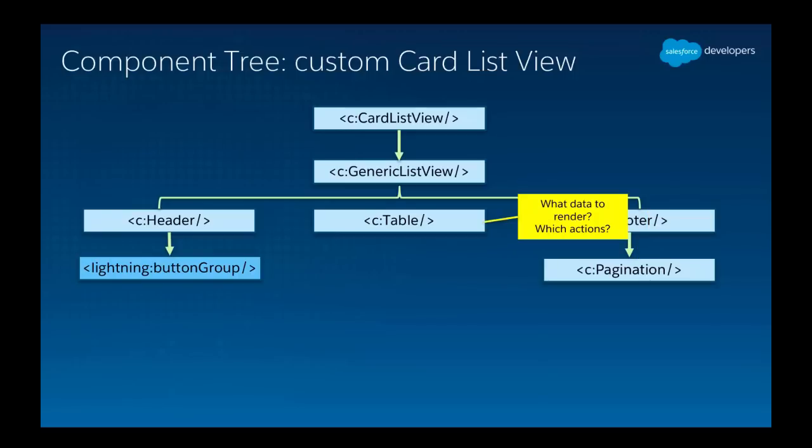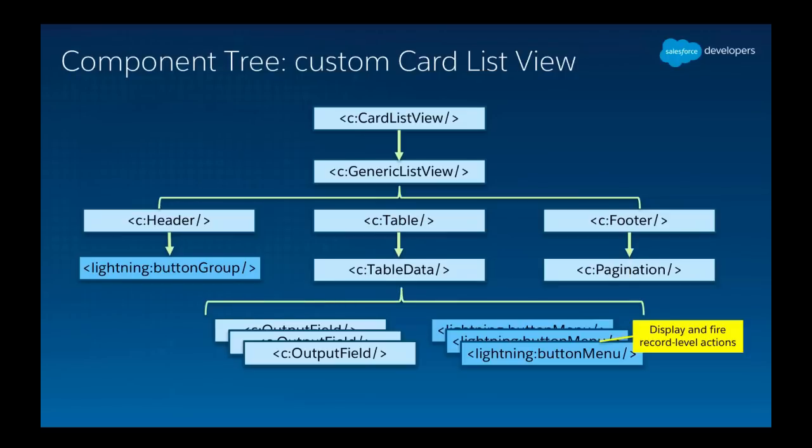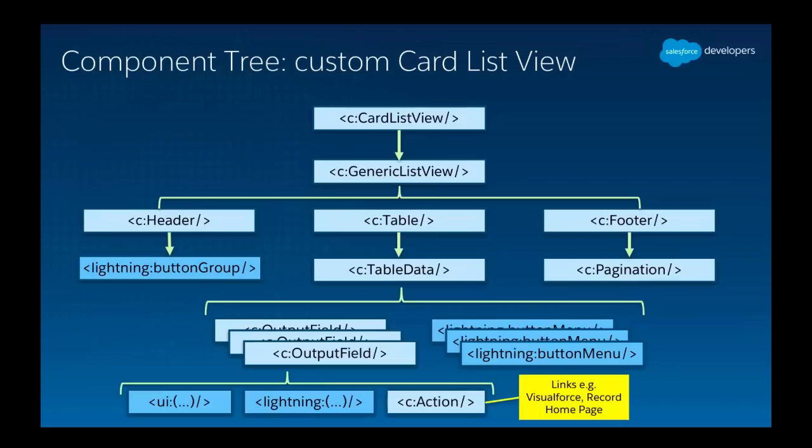The actual table, the first component, asks a question around what data should actually be rendered and which actions should be available for that data set. Then we have a component that actually renders the data and the actions and provides the record selection logic. It includes a number of output fields, which render what the user is actually seeing for a particular record, and uses the lightning button menu-based component to display and fire record level actions.